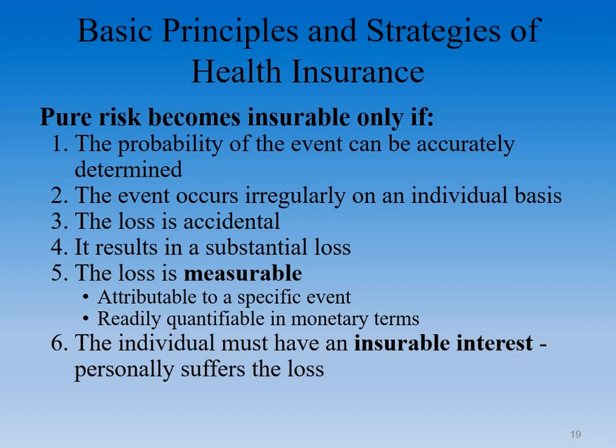The loss is accidental. It results in a substantial loss. The loss is measurable, can be attributable to a specific event, and it's readily quantifiable in monetary terms. Finally, the individual must have an insurable interest, personally suffers the loss.